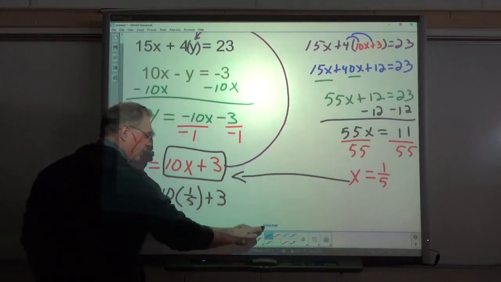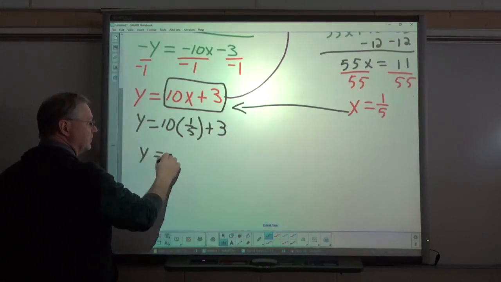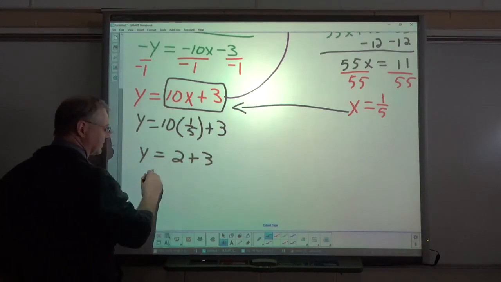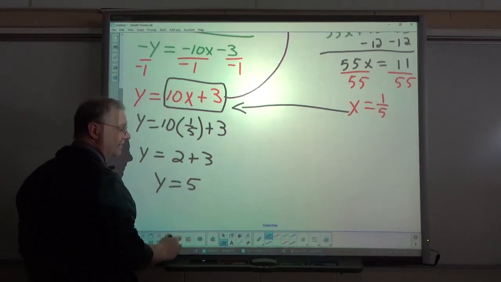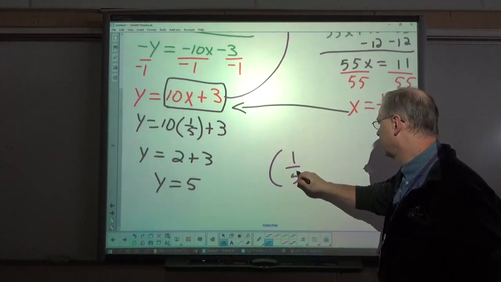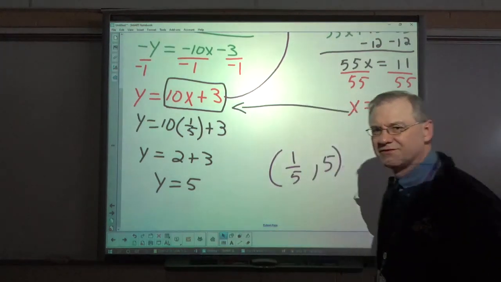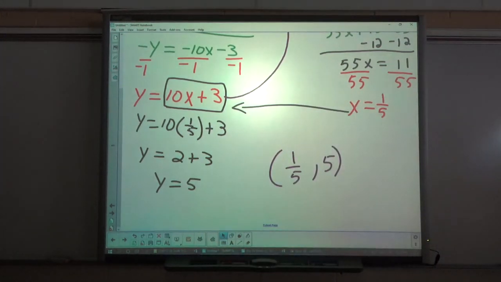Well, that's not too bad an answer. 10 divided by 5 is 2, plus 3, y is going to be 5. So my solution here is 1/5, 5. Not a very nice answer, but it is the answer, nonetheless.